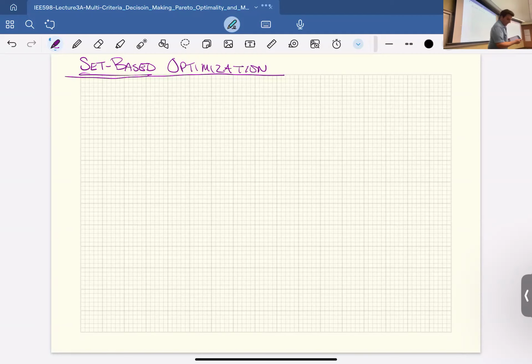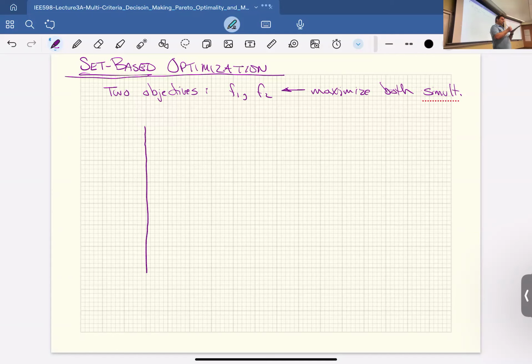So the idea here is that I've got these two, so imagine two objectives, F1, F2, and I would like to maximize both simultaneously. So what I'm going to do, just for kicks, is draw them on a common axis where F1 goes up and F2 goes down.